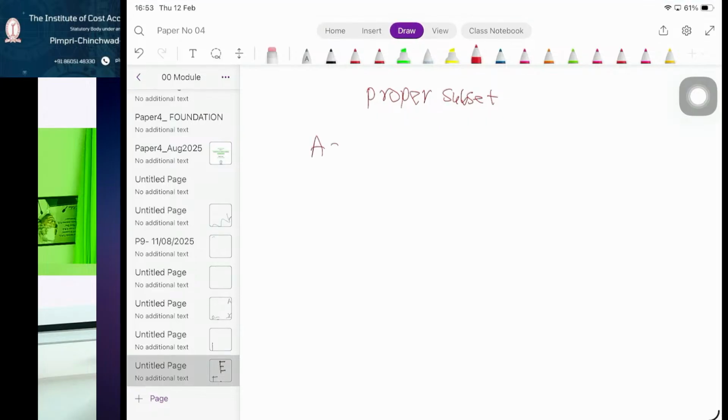Let's take one example. A is equal to 2, 4, 6. B is called as 2, 4, 6 and one more element, let us say 8. At least one. You can take more than one value also.